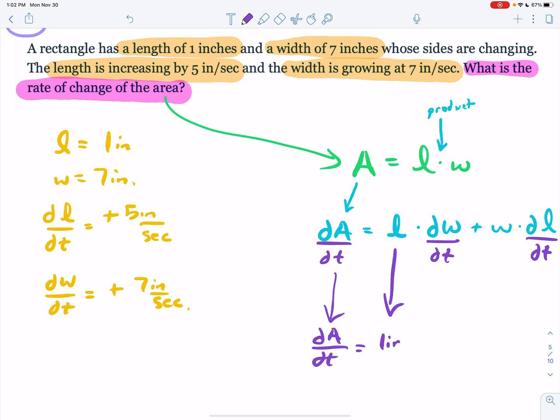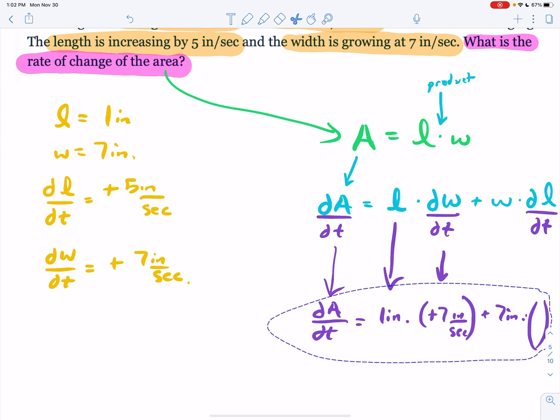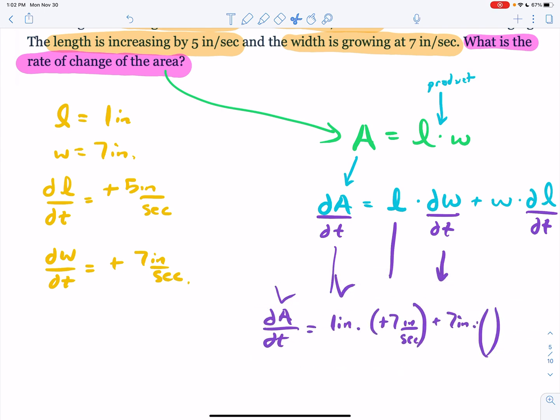I'll put 1 inch to prove a point later. dW over dt is positive 7 inches per second plus W is 7 inches and dL over dt is positive 5 inches per second.